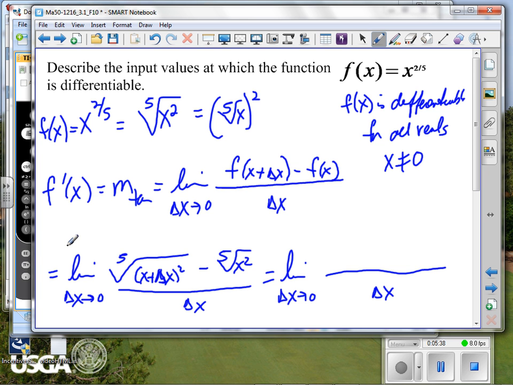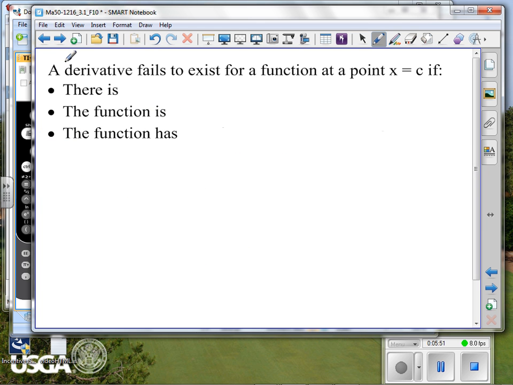One last slide, and then we're done with these notes, and we'll get on to handing out some papers and looking at a real short review here. Yes? Yeah, cusp is the name of that sharp turn that happens in curves.